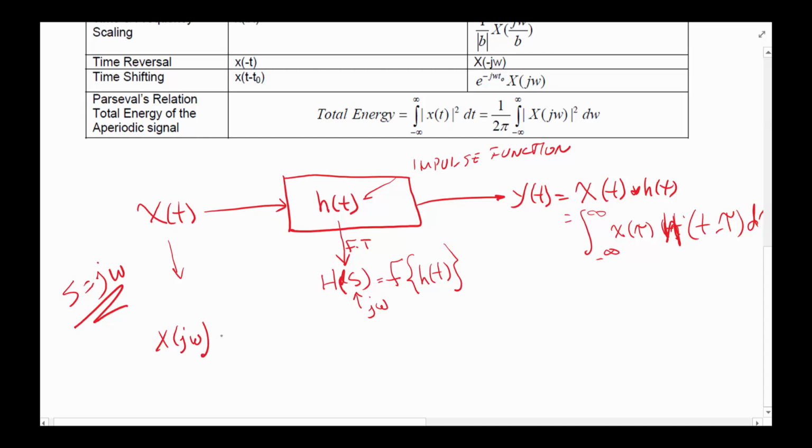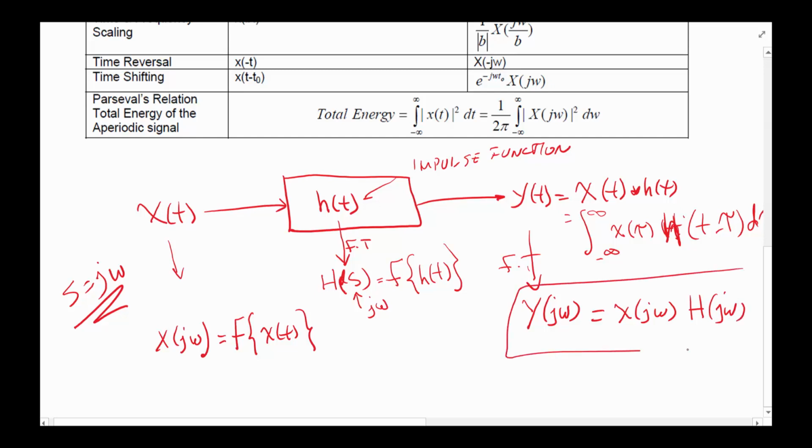So x of j omega is the Fourier transform of x of t, and again y of t, take a Fourier transform of that, and that would be y of j omega. But since this is a convolution of x of t and h of t, y of j omega is simply the multiplication of x of j omega and h of j omega.